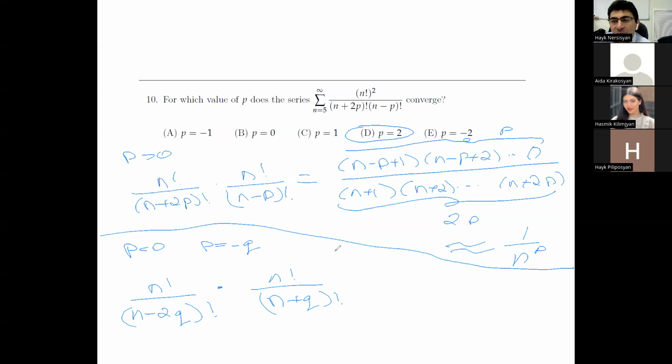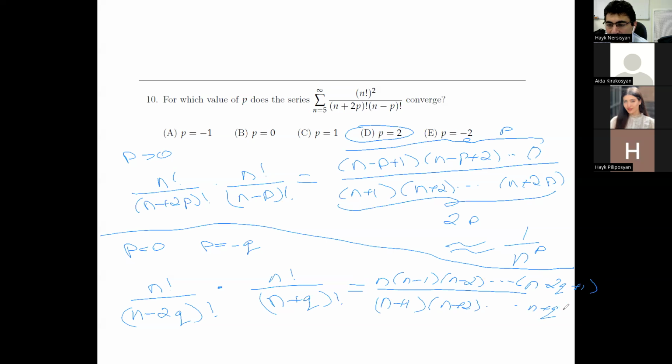If we do the regrouping as we did previously, the first term, n factorial over n minus 2q factorial, will give us terms on the numerator, and from n factorial over n plus q factorial we are going to get terms on our denominator. So the numerator will contain n, n minus 1, n minus 2, and so on, up to n minus 2q plus 1. And the denominator will start from n plus 1, n plus 2, etc., and the last term n plus q.